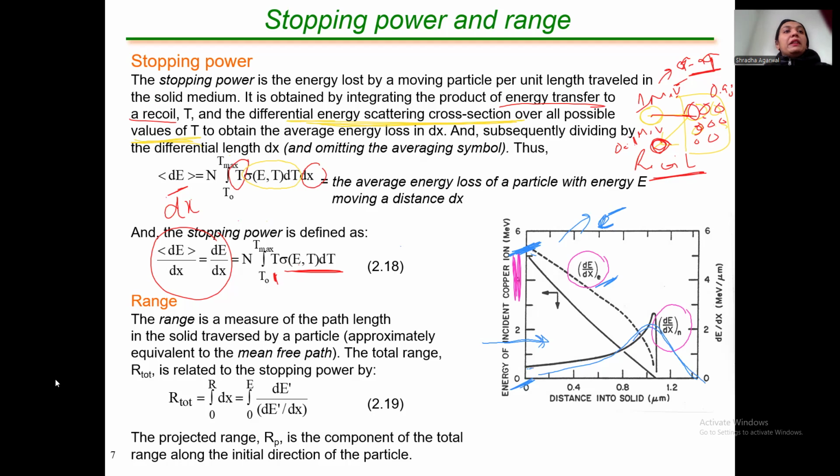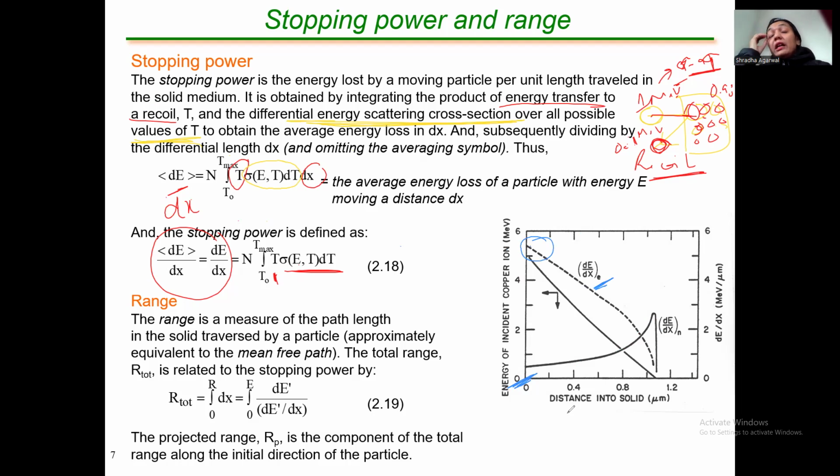Now, let's repeat this. What I'm trying to tell you here is like the Bible, the fundamental. In the beginning, when it enters into the solid, the dominant force is electronic energy loss.